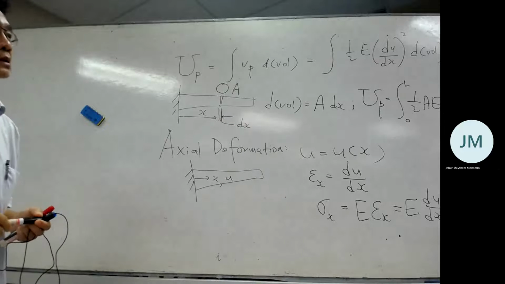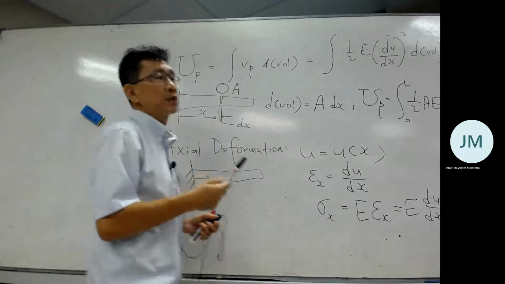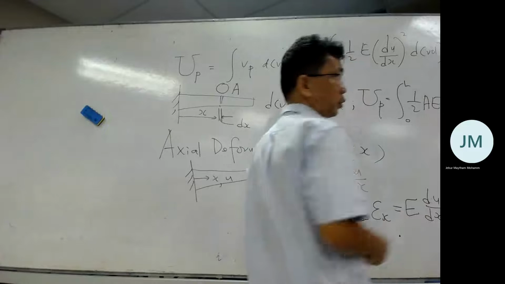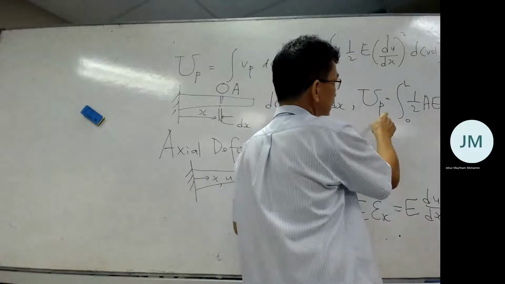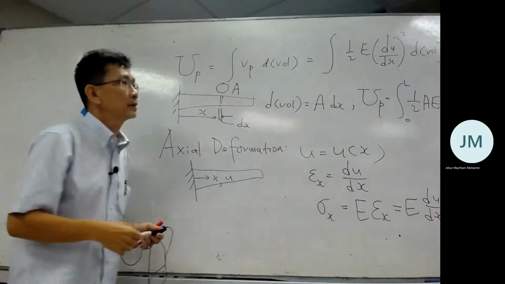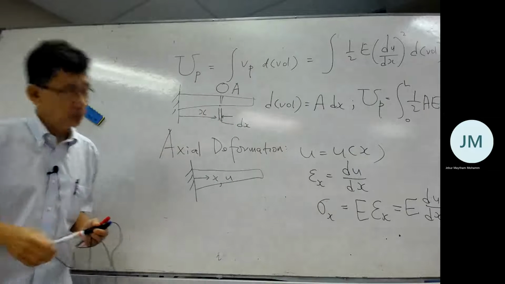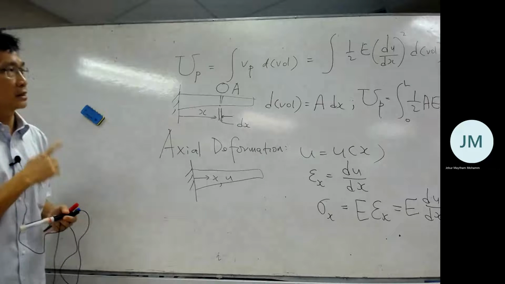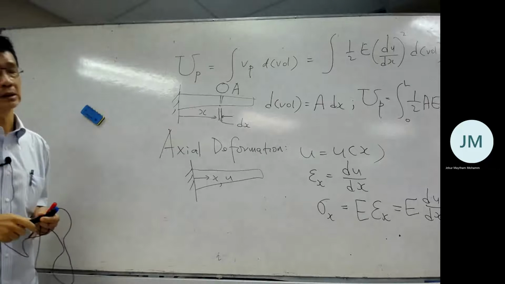Then when we make assumptions about what U is, we can differentiate U and then get the strain energy. That is why we need to know the strain energy for this first case, axial deformations.